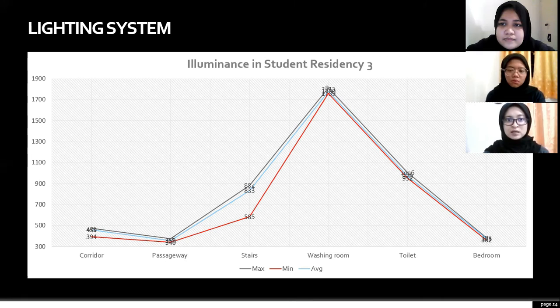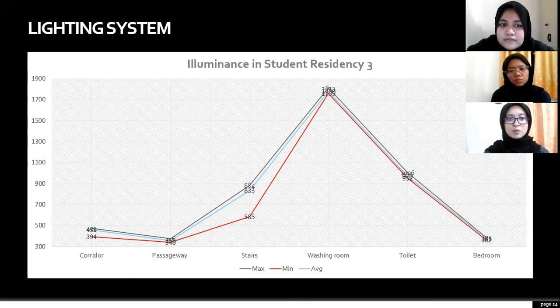The lighting in the Student Residency 3 building was tested using a lux meter device to estimate lighting comfort performance. In this figure, it shows that out of 6 measurement points, 50% was acceptable, 300 to 500 lux, and 50% was overlit, above 500 lux.